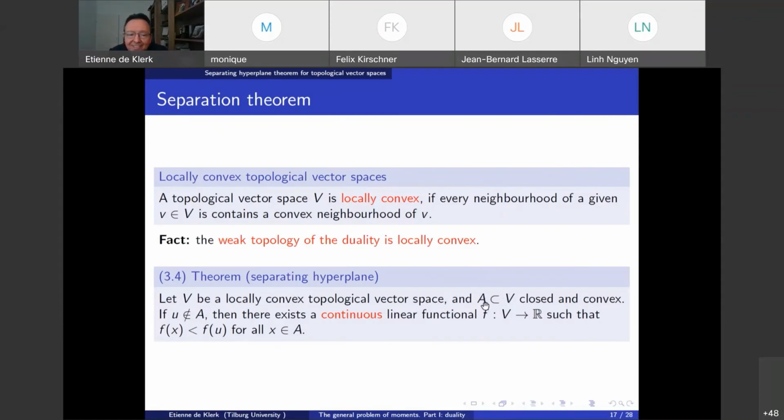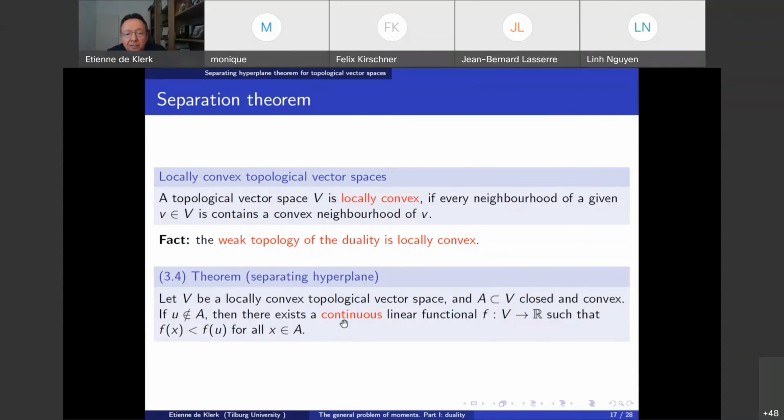Sorry, this is now not the linear operator A. It's just a closed convex set that belongs to our topological vector space. And if we have a point outside the set, then there exists a separating hyperplane that separates this point from the convex set. You can describe this in terms of the existence of a suitable continuous linear functional.